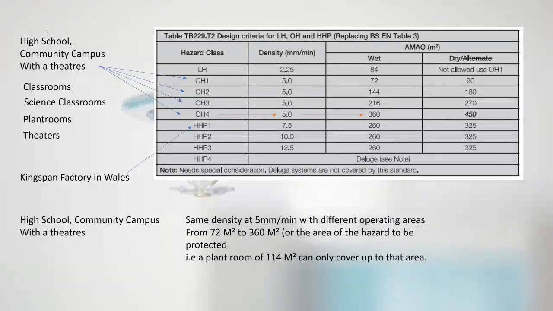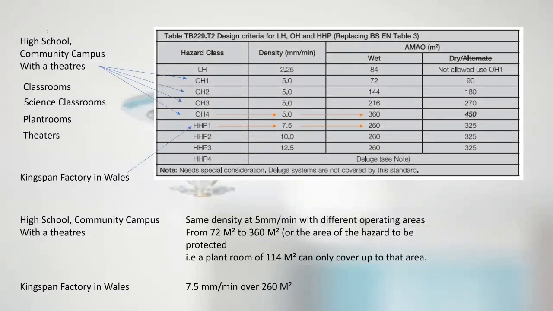Now, if you look here at high hazard process 1, 2, 3, and 4, you'll notice that the AMAO, maximum assumed area of operation, is the same, and it's the density that goes up in high hazard process. So for high hazard process 1, you get 7.5 millimetres a minute over 260, or 325 if it's a dry system.